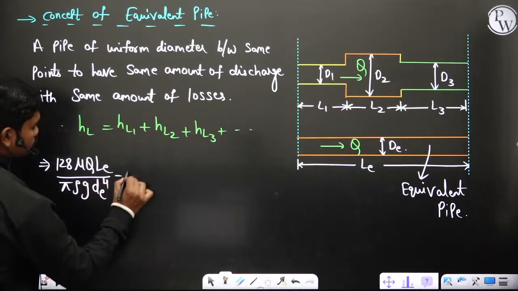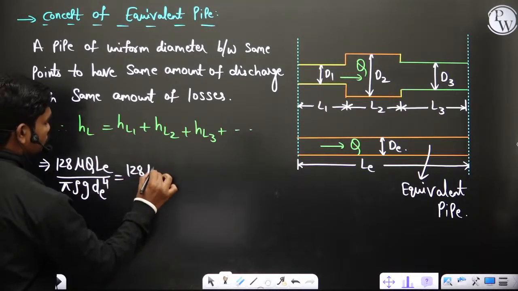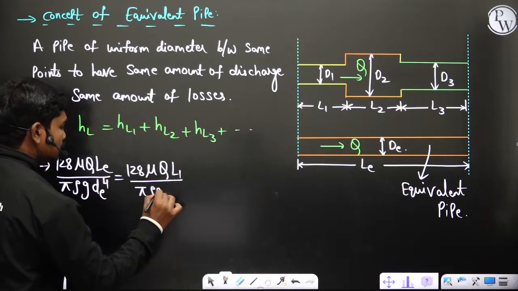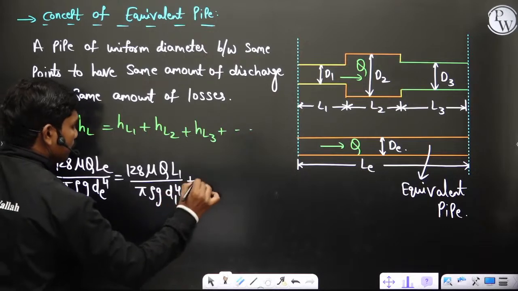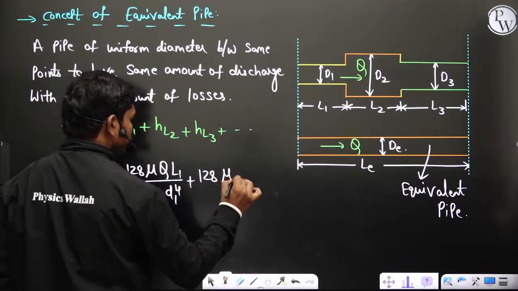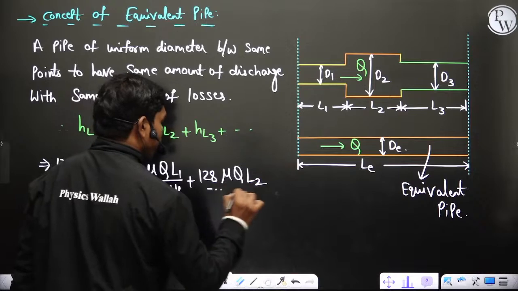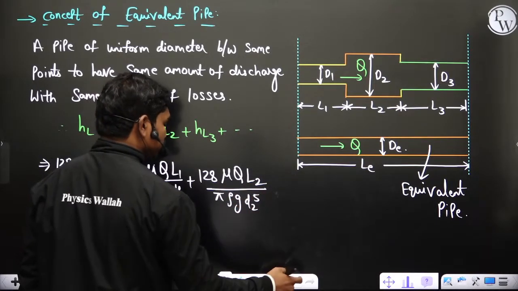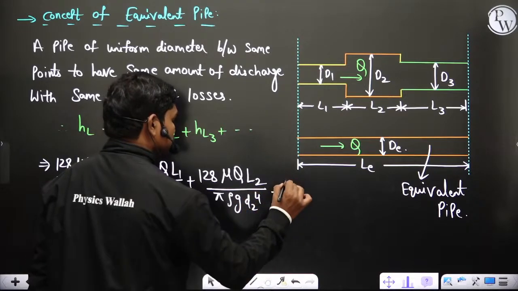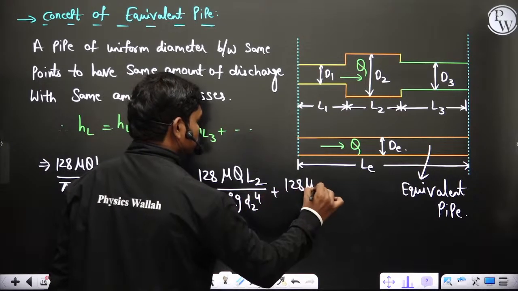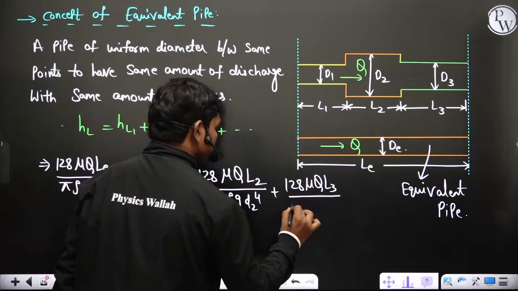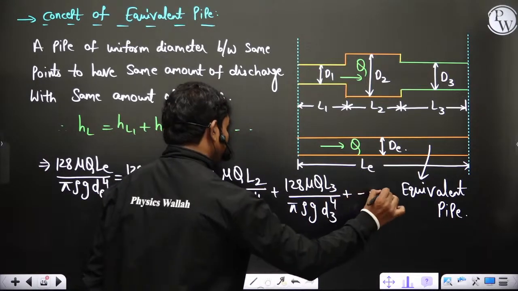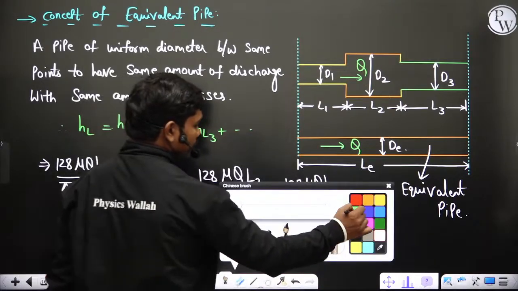So this loss should be the same as 128 mu Q L1 by pi rho g D1 power 4 plus 128 mu Q L2 by pi rho g D2 power 4 plus 128 mu Q L3 by pi rho g D3 power 4 plus and so on is what you have. Now try to understand one thing.